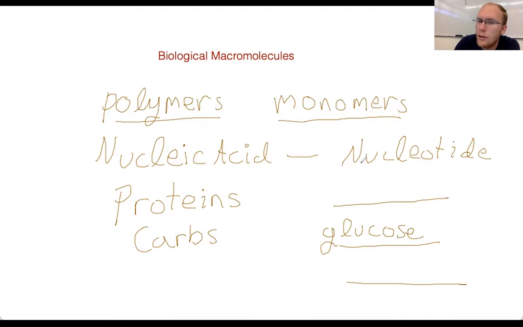So just like nucleotides could refer to be something making DNA or RNA, amino acids could be making any proteins in any living thing. Glucose is just a specific one that humans use, but in general, we want to use the word saccharide, which is the Greek word for sweet or sugar. So glucose or sugars.